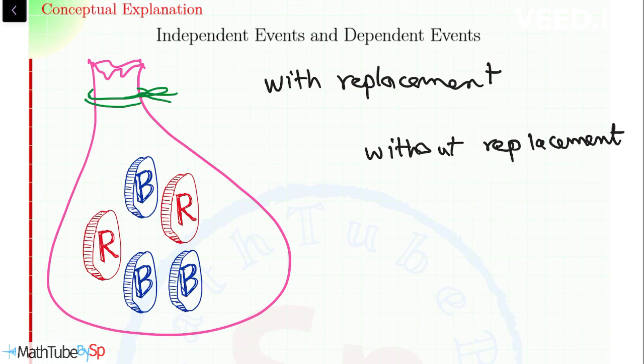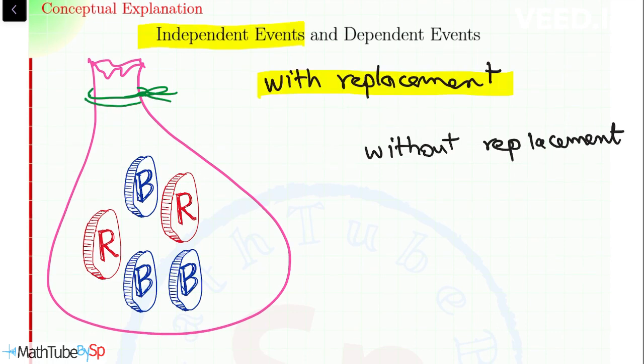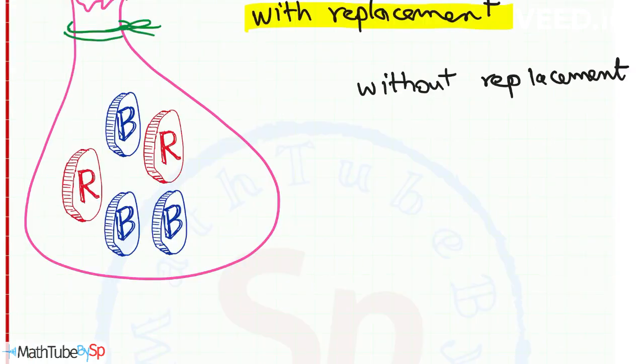So that would be called the independent event. If we draw the second coin after replacing the first coin, it's an independent event. Whereas if we draw the second coin without replacing the first coin, then that would be the dependent event.